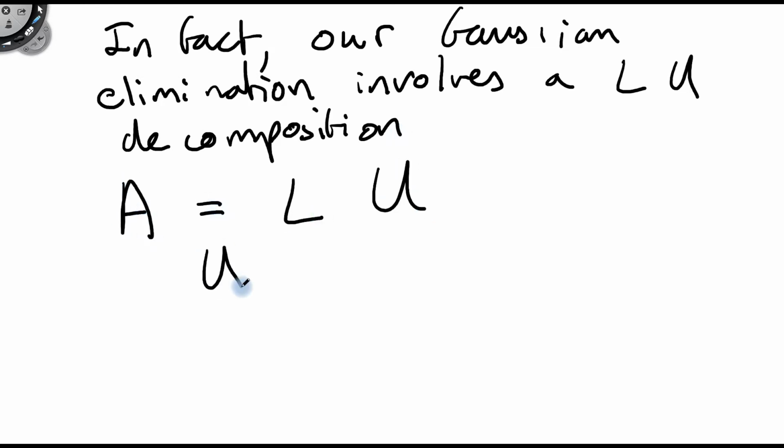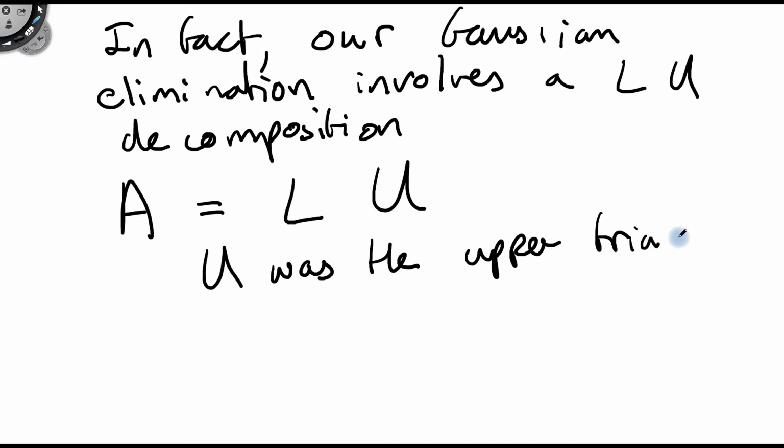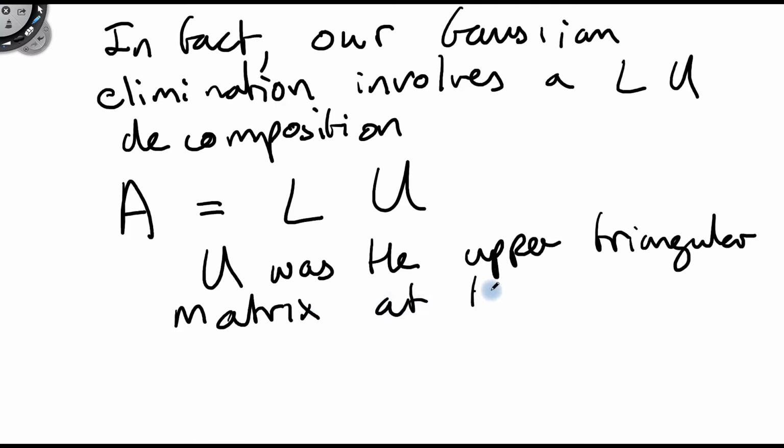So U was the upper triangular, so triangular shaped matrix with diagonal elements, which was the upper triangular matrix at the end of Gaussian elimination.